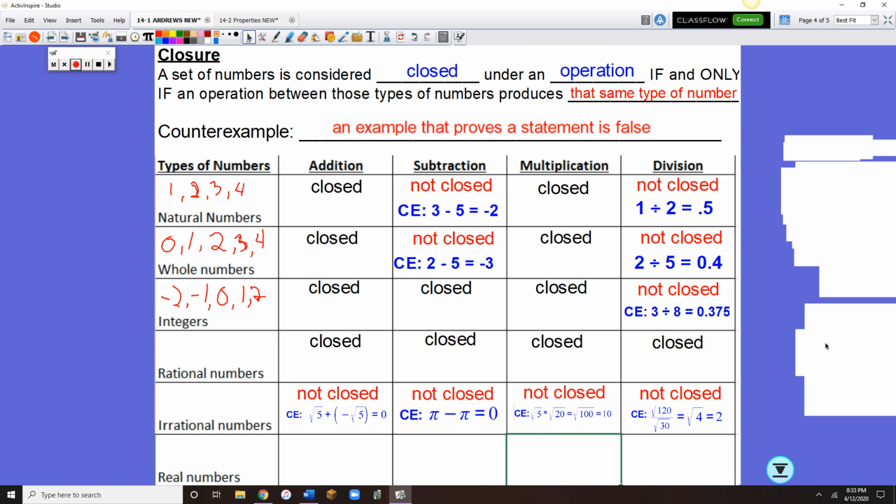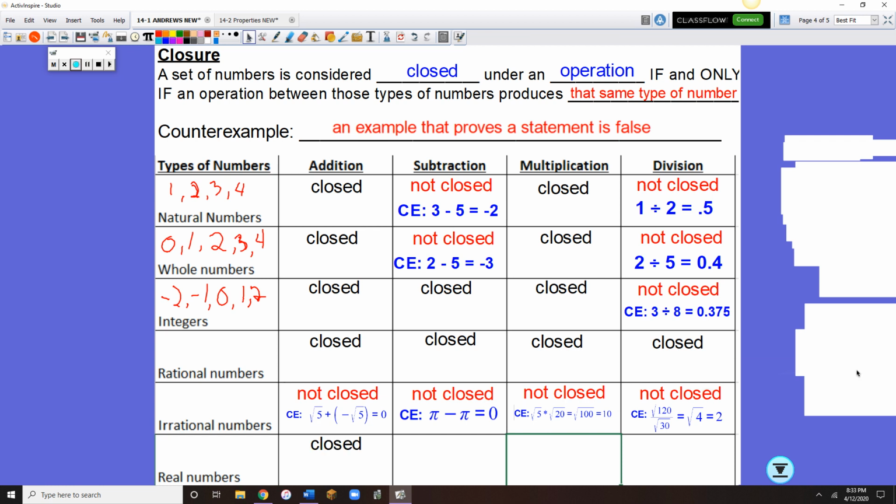And division is not closed for the exact same reason. If I take two roots and divide them, it's possible that I could get a root that simplifies to a whole number or rational answer. So all the rational numbers are closed and all the irrational numbers are not closed.